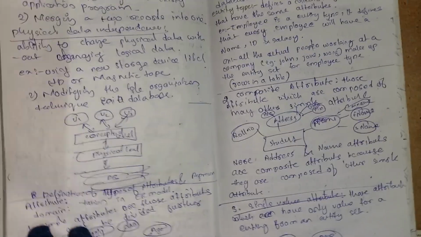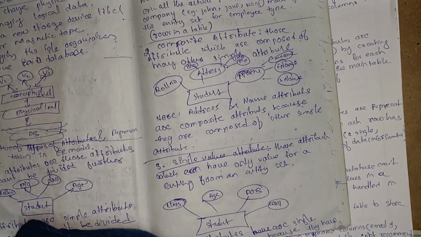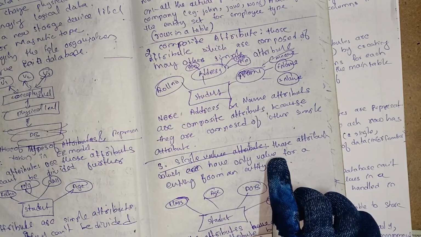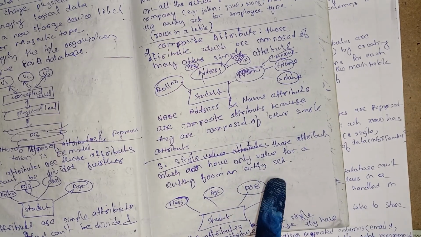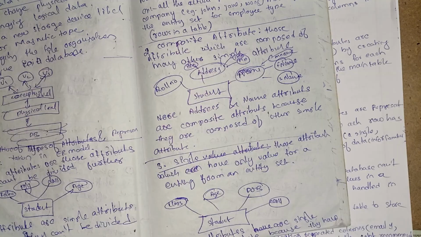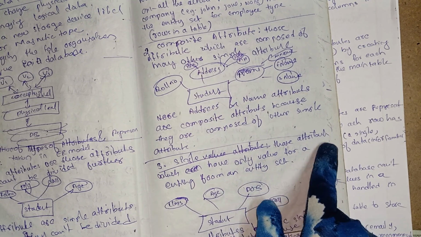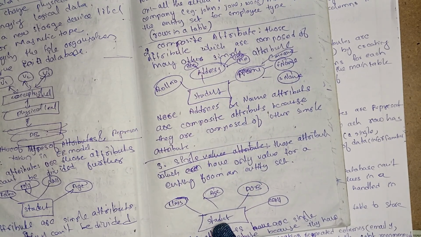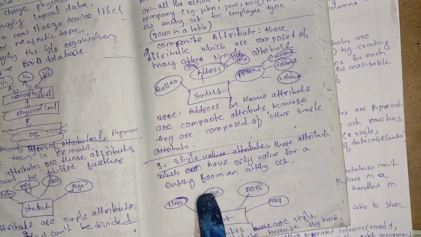Okay, and then single valued attribute. Those attributes which can have only one value for an entity from an entity set. Entity set, we already know, is the collection of similar entities with the same shared attributes. So here the entity is student. These are the attributes: date of birth, roll number, age, class.